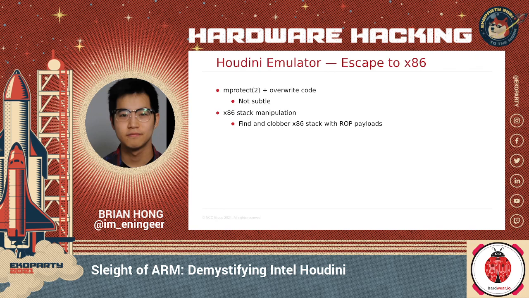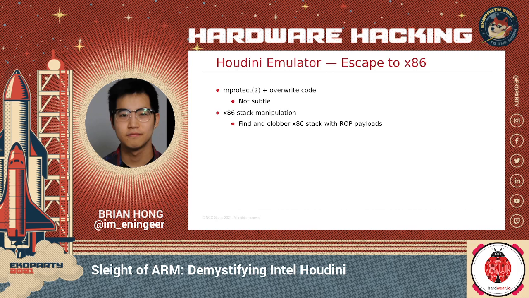Of course, we're running our code, so we could always just call mprotect and overwrite code in memory. But again, this isn't very subtle, and any decent analysis tool would probably flag this immediately. We could also try finding where the x86 stack is, so we could clobber the stack with raw payloads and have it jump somewhere.